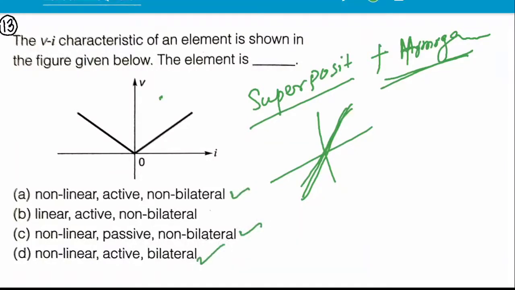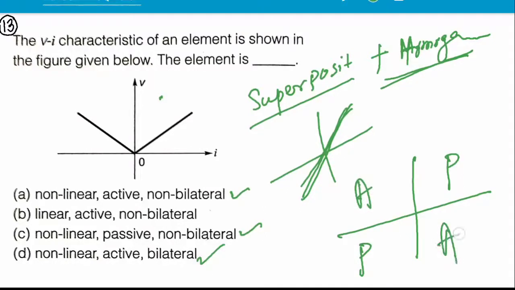So next thing is active or passive. If we consider the plot, if the plot exists in the first quadrant and the third quadrant, this is passive, and if the VI plot exists in the second and the third quadrant, then it is active.